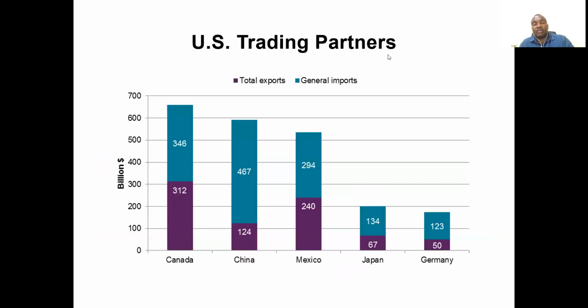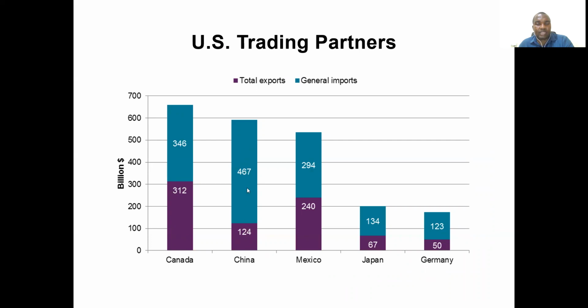And then this is an example of US trading partners. Canada, the total exports were smaller than the imports of 346 billion. When it comes to China, the total exports to China, 467.